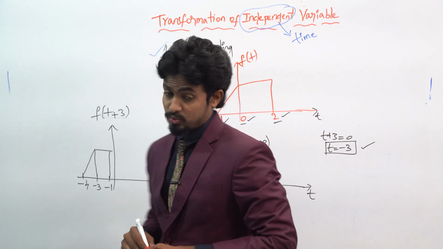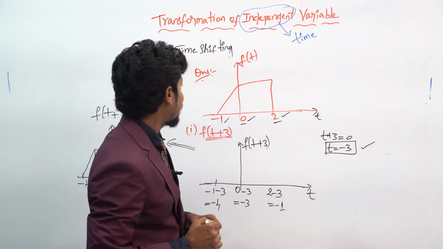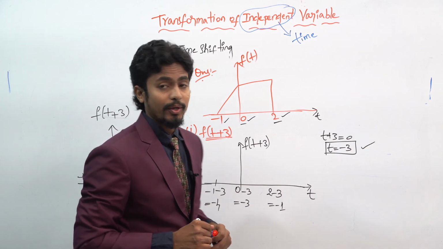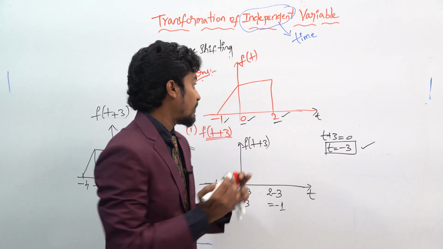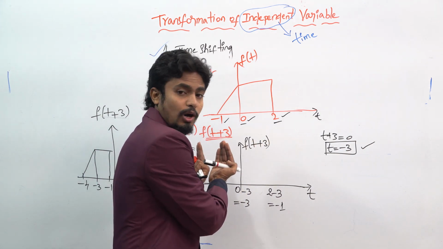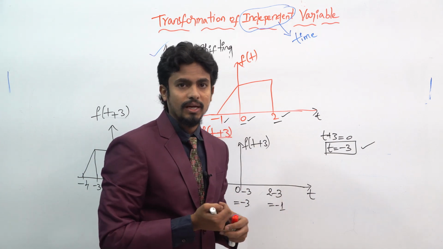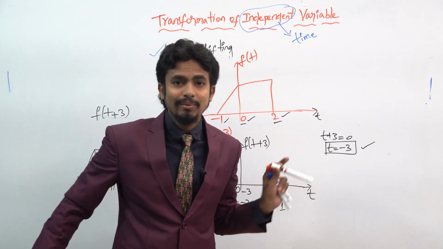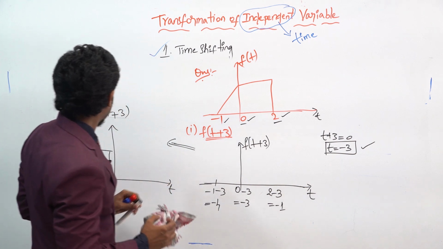And you have to solve another question by taking t minus 5. What will happen to the plot? Whether it will be shifted to the left-hand side or right-hand side. Let's see that. The same question I am taking.